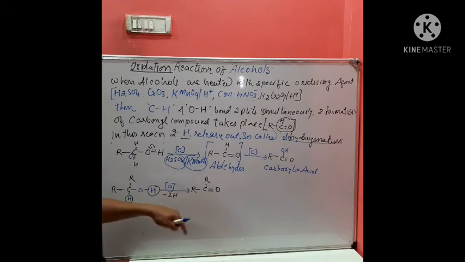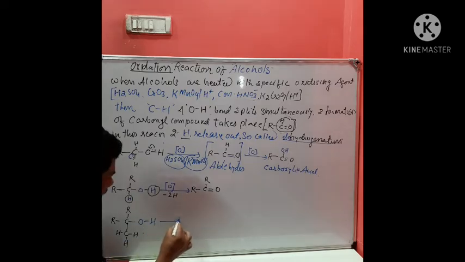Student, this ketone can further oxidize, isn't it? If you take a tertiary alcohol, like R, this is R, and now besides H, I am writing CH3. This is CH3. And now this is O and H. So on oxidation, again 2H. Now we have to release two hydrogens. One of the hydrogens, this one, but now there is no alpha hydrogen.